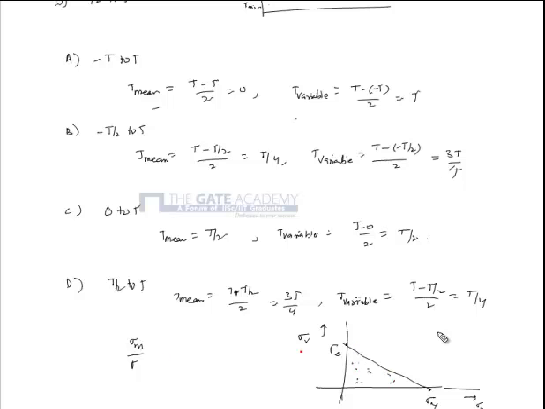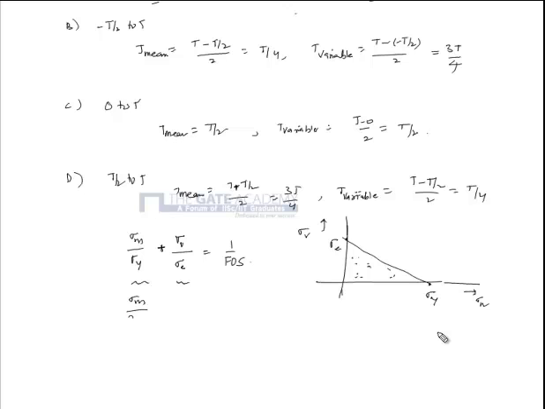The Soderberg criteria is sigma mean by sigma y plus sigma variable by sigma endurance equals 1 by FOS, basically the equation of this line. This can be written in terms of load also because the area is constant, and sigma y is 2 times sigma e, so sigma mean by 2 sigma e plus sigma v by sigma e is equal to 1 by FOS.